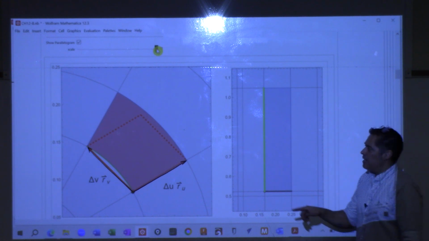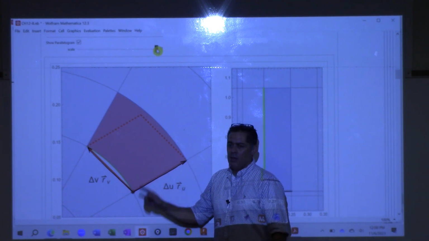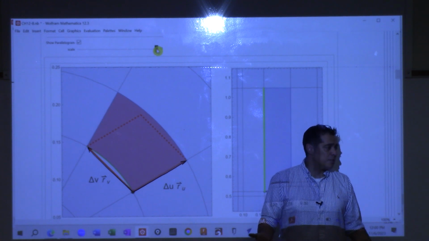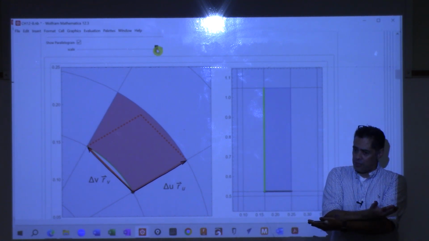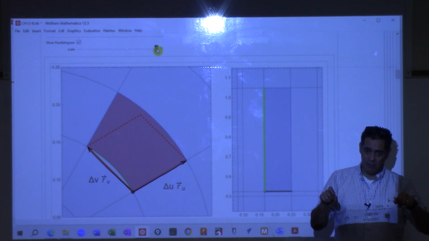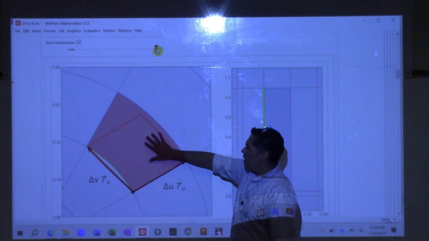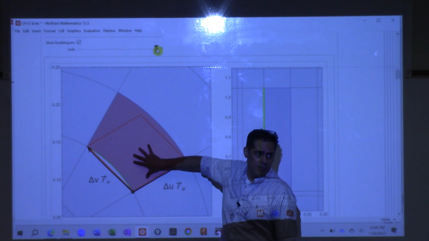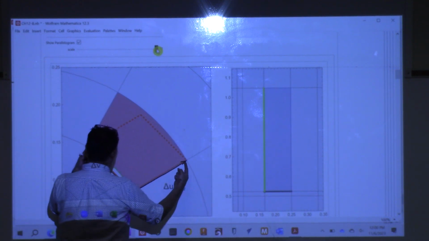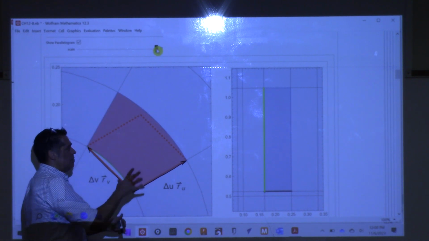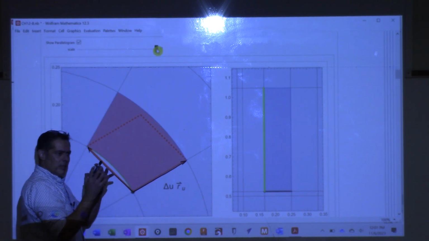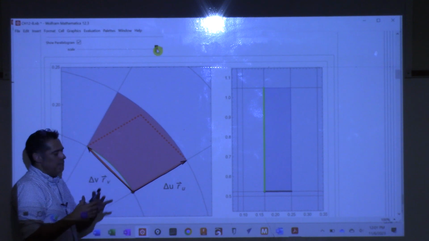We know how to find the area of that parallelogram from when we were learning about cross products of vectors. When you take the cross product of two vectors and take the magnitude, you get the area of the parallelogram formed by the two. So I need to figure out what these vectors are and then cross them and take the magnitude, and that will give me what I need to scale by.